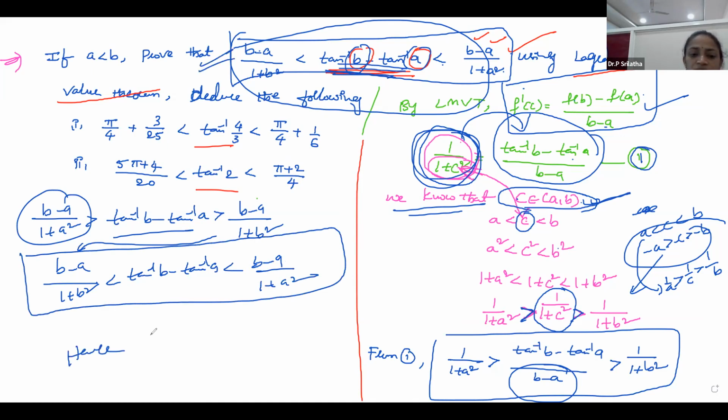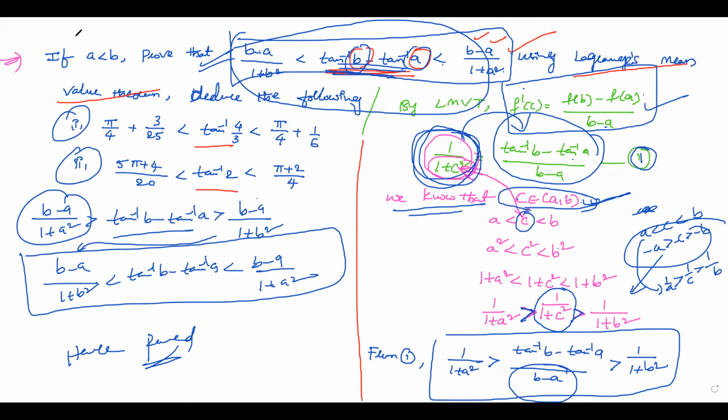Then think about the first deduction and the second deduction. How do we do these two deductions? We'll discuss that in the next class. If you have any doubt in this question, then ask me.